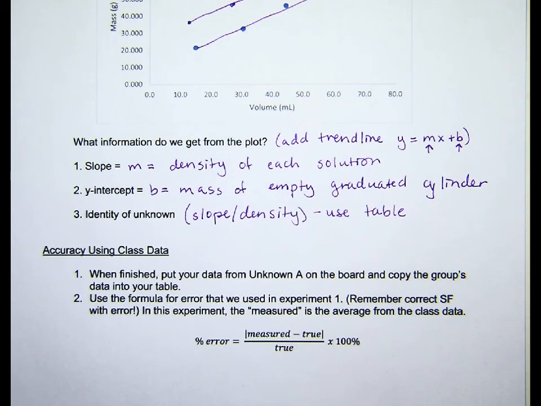So how well we were able to measure these densities by comparing your individual data to that from the class. So we're going to compile a list of data for this experiment. And then we're going to calculate the average and the percent error.